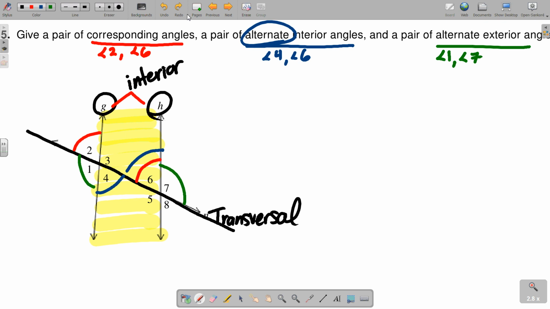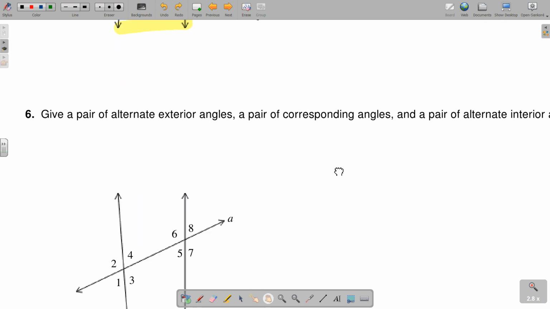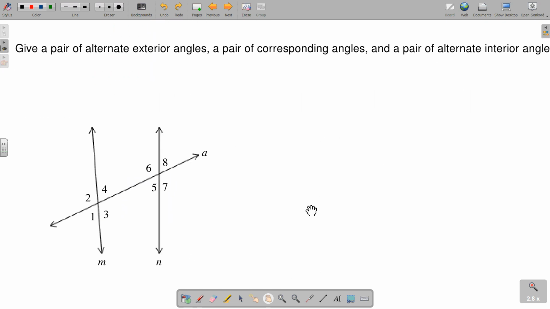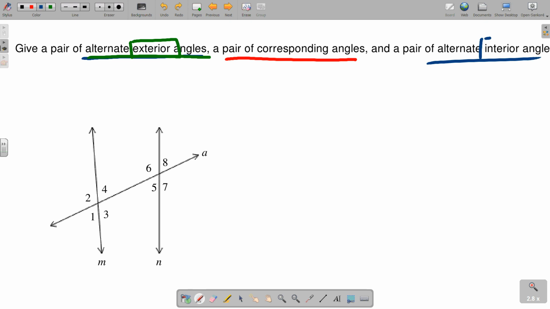Now, knowing this terminology, come down to 6, and I'd like you to find a pair of alternate interior angles, corresponding angles, and alternate exterior. One pair for each.